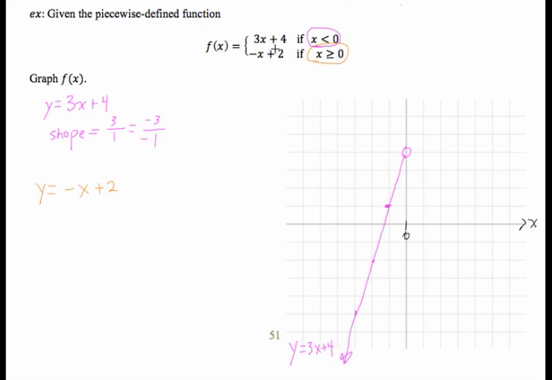So when x equals 0, y would be 2. So I'm going to put a closed circle there. And then it has a slope of negative 1. So from here I can go down 1, right 1, down 1, right 1, and so on to get the graph of it. So there is y equals negative x plus 2.